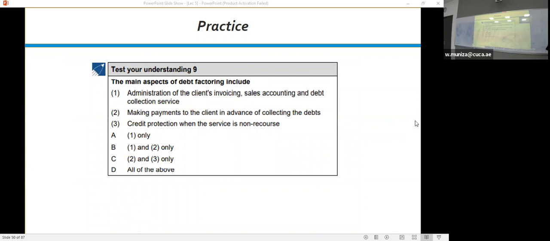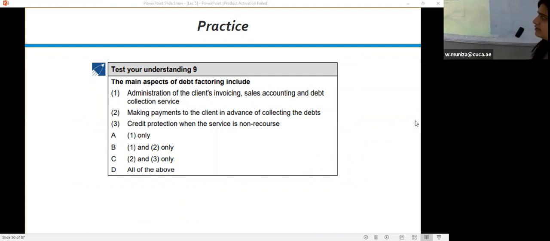The main aspects of debt factoring include administration of the client's invoicing, sales accounting, and debt collection service. Sales accounting is not involved.